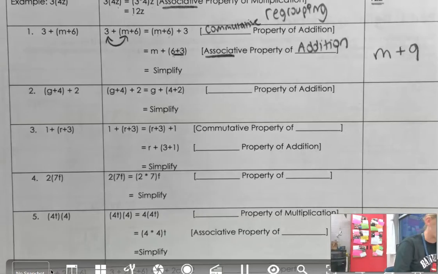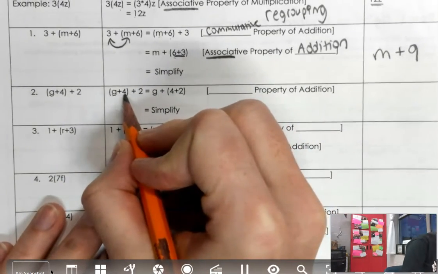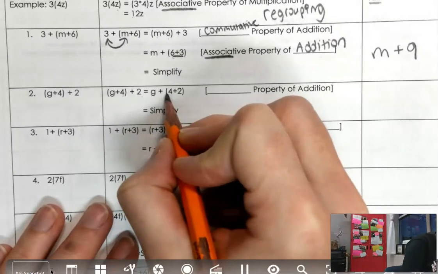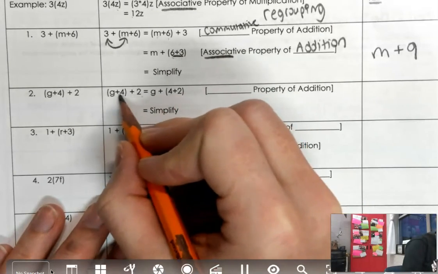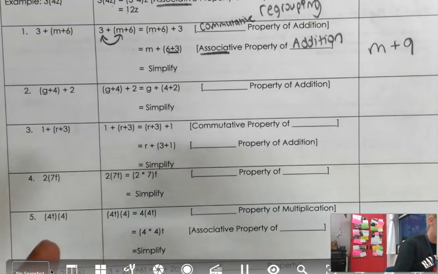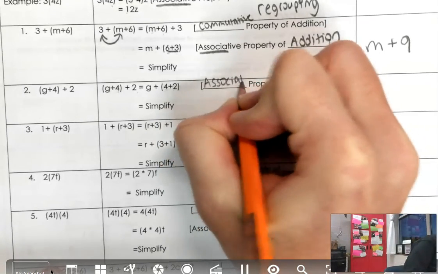All right, next up, let's see if we can get this. So what did we do here? We have g plus 4 plus 2, and then we changed what's in the parentheses, and instead of g plus 4, now we grouped 4 and 2 together. If we're regrouping things, is that associative or commutative? All right, I hope you said associative, like your associates, your group.